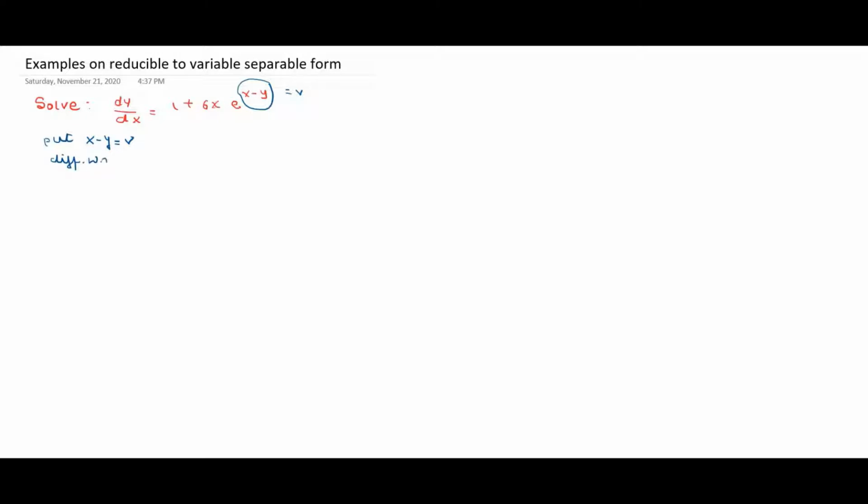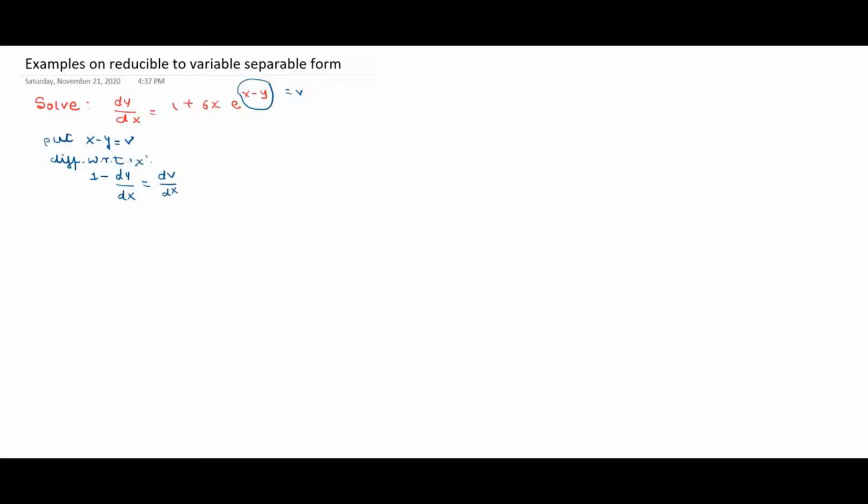If you differentiate x with respect to x, you will get 1 minus differentiation of y with respect to x is dy divided by dx, and similarly differentiation of v with respect to x is dv divided by dx.